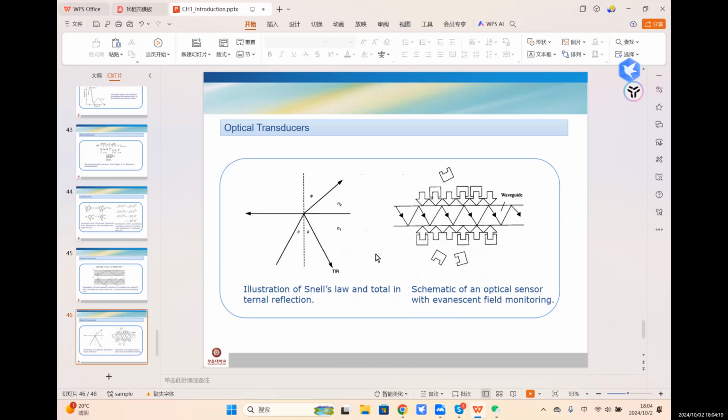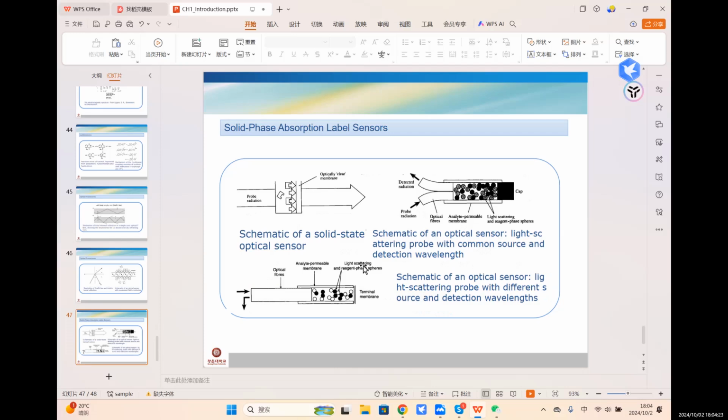And this describes the optic transformation: a schematic of a solid state optical sensor and a schematic of an optical sensor.